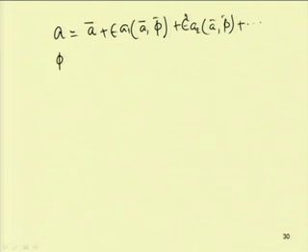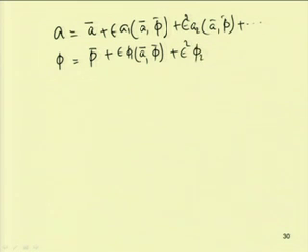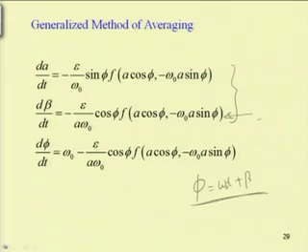Similarly, phi equal to phi bar plus epsilon phi 1, a function of A bar and phi bar, plus epsilon square phi 2 of A bar and phi bar. Similarly, one can take higher order terms. Now substituting this in the previous equation, that is dA and d phi.